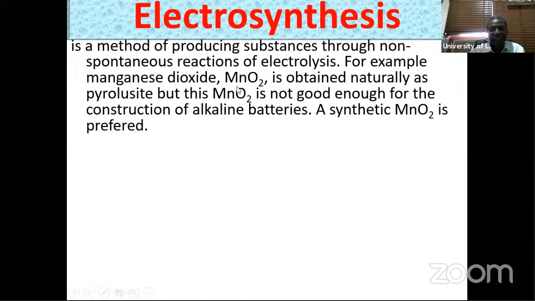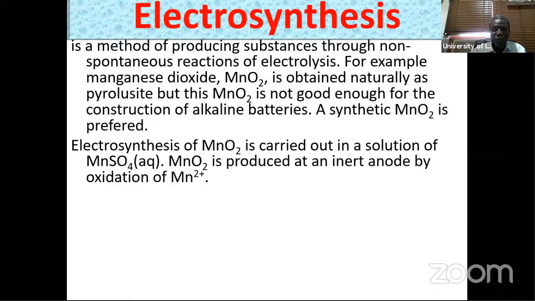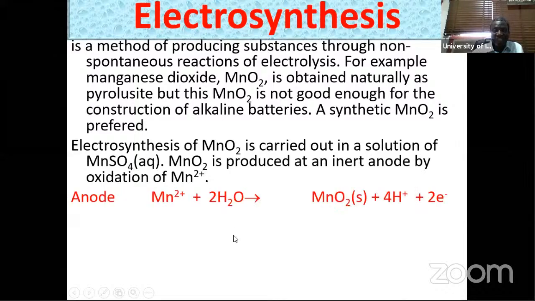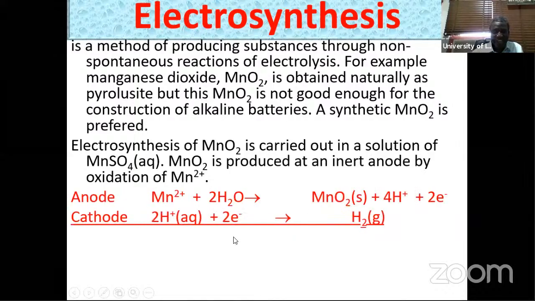And a common example that you will do is manganese(IV) oxide, which is used in many alkaline batteries. So electrosynthesis of MnO2 is carried out in the solution of MnSO4. So normally MnO2 is produced at the inert electrode by the oxidation of your manganese 2+, and this is the equation for that.